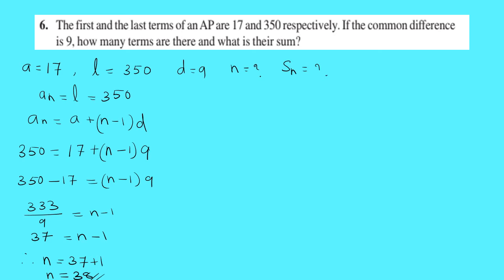Now you have to find Sn. So Sn equal to, first you write the formula, n upon 2 multiplied by A plus L, since here the first and last term is given. Since n is 38, you have to find S38.